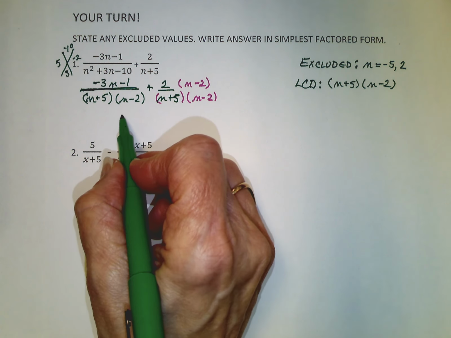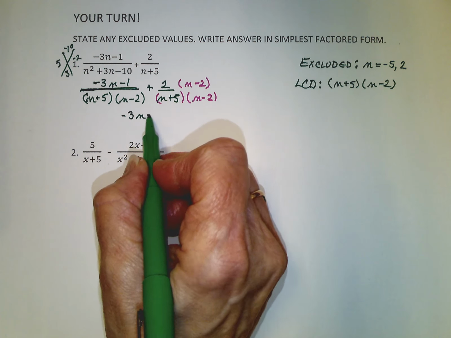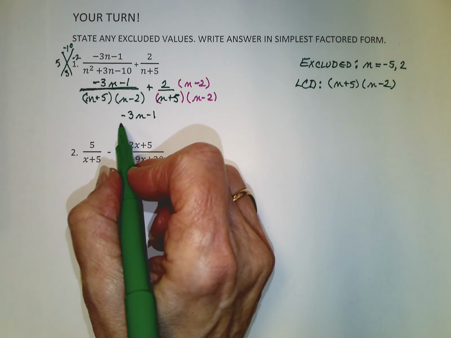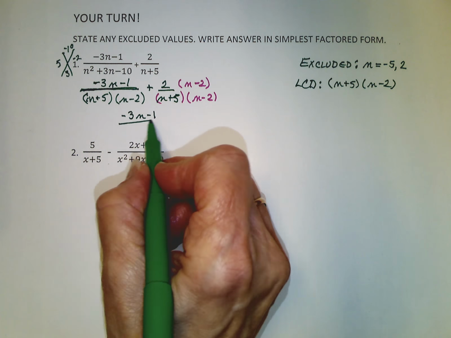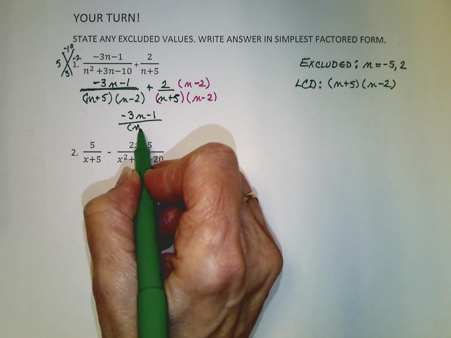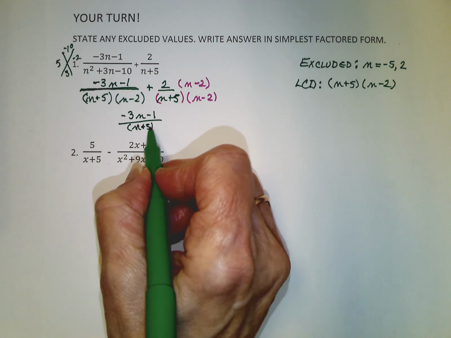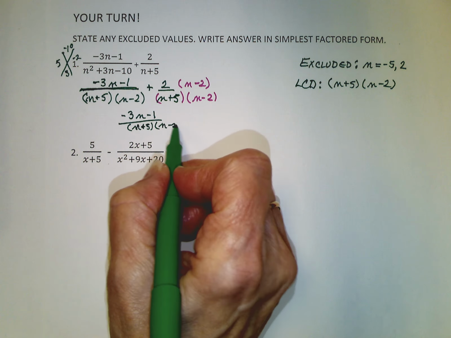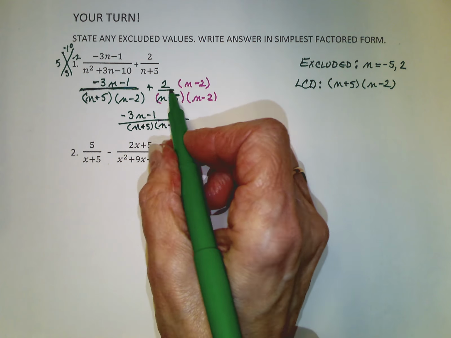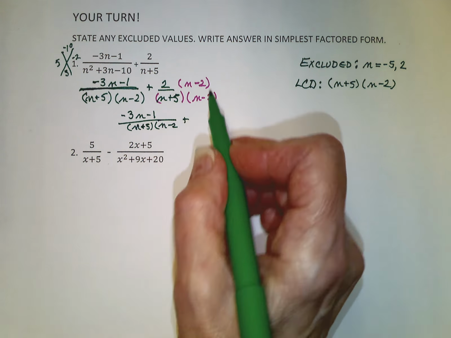So now we have -3n minus 1 over the n plus 5 times the n minus 2 plus, just going to distribute here, the 2 times the n, the 2 times the -2.